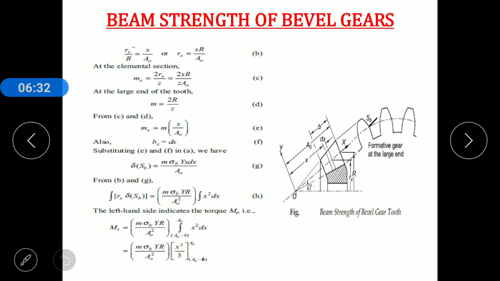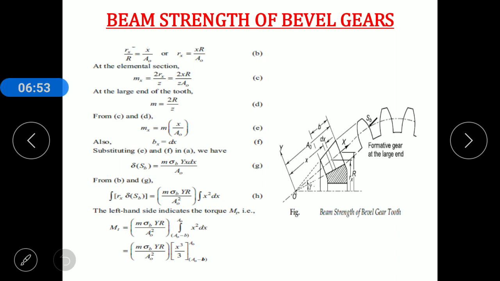After substituting equations E and F in equation A, we get the relation delta SB is equal to m inside the bracket x divided by AO into dx into sigma b into y.